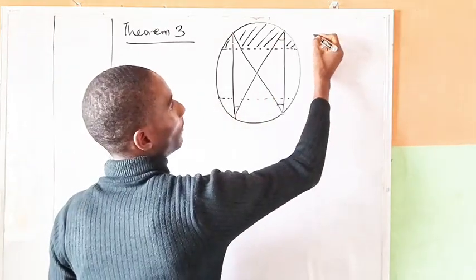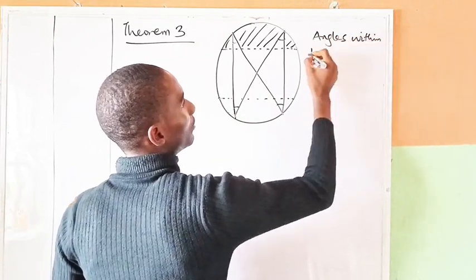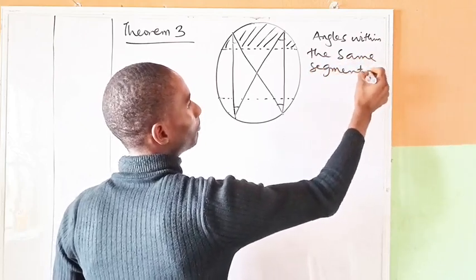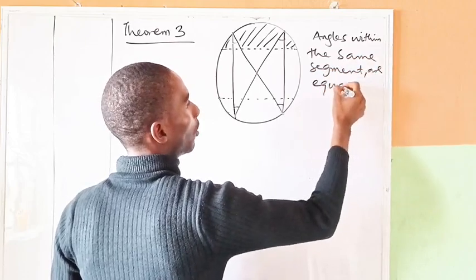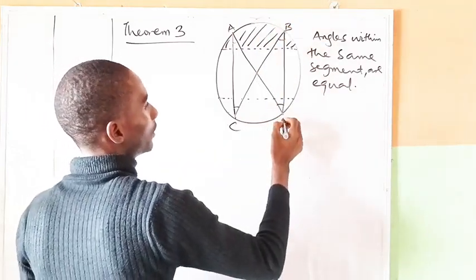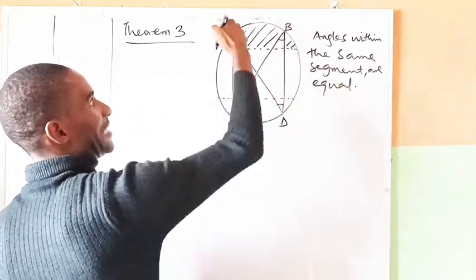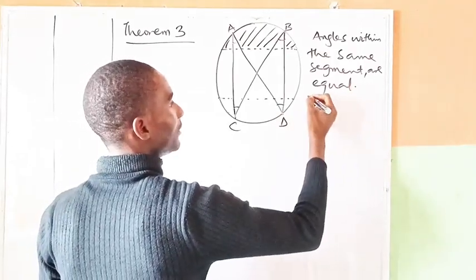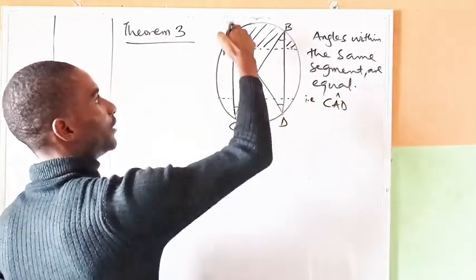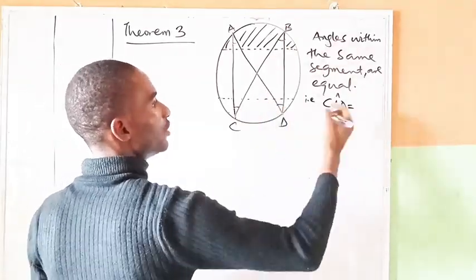So the theorem says angles within the same segment are equal. So if I have A, B, C, D, that means angle CAD is equal to angle CBD.